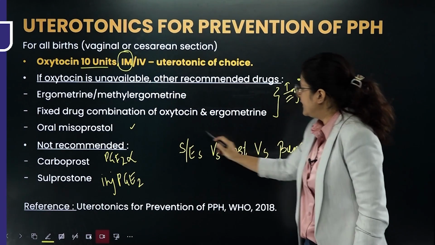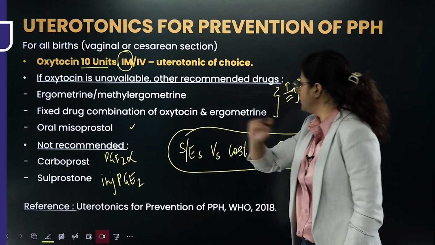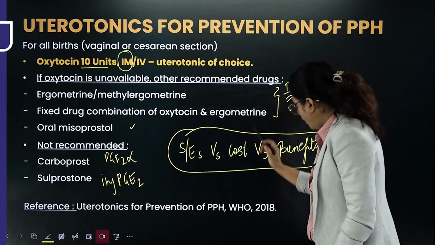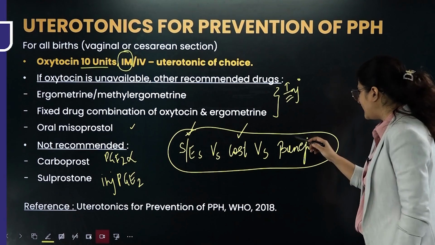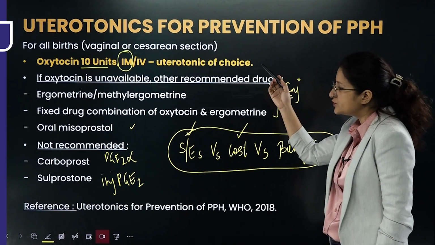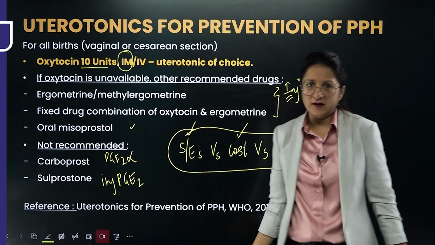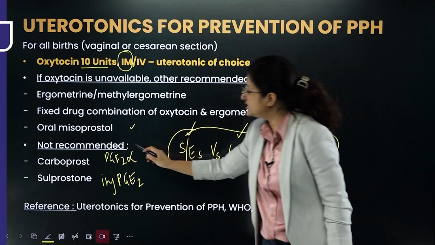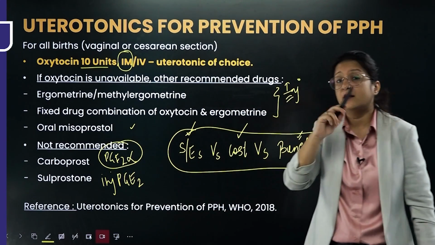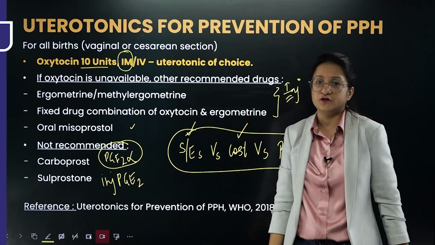Then really the conclusion is that because of high cost, because of side effects, and they really do not offer any significant benefit over oxytocin, they are not recommended by WHO for prevention of PPH. Okay, they are used, yes, PGF2 alpha is used in treatment of PPH, but not in prevention of PPH.